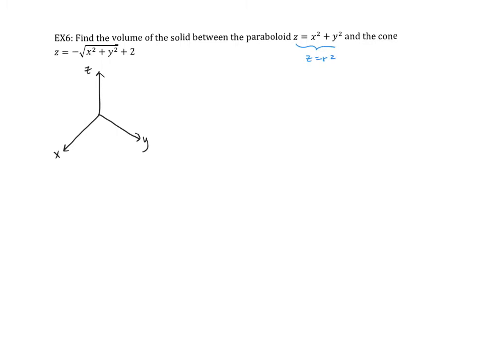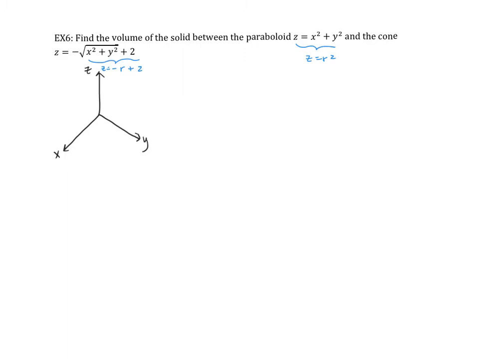And then on the other function, the square root of r squared is going to be negative r plus 2. That would be this z value here. So I can see my z values. I just have to figure out what r and what theta are.